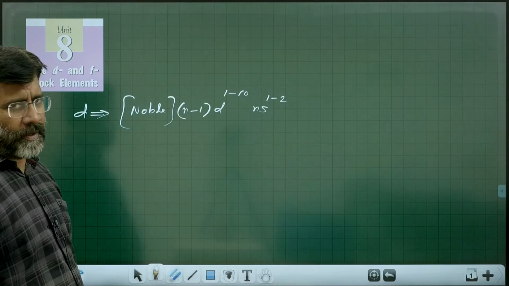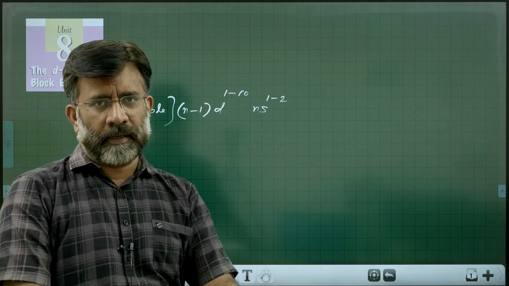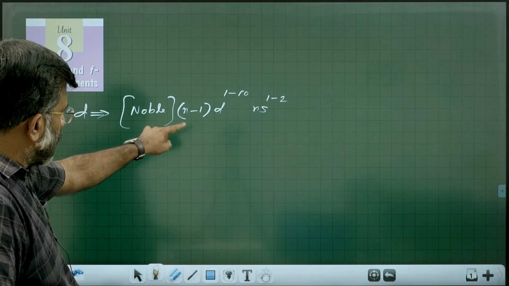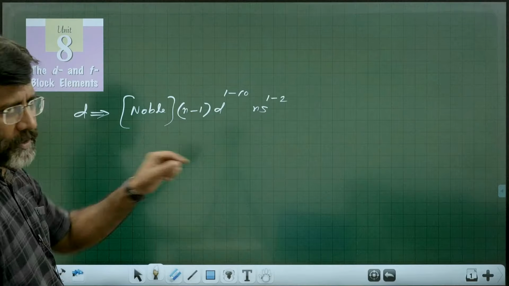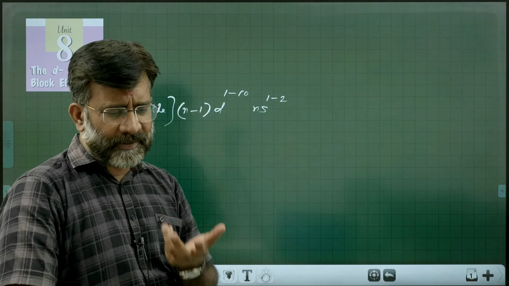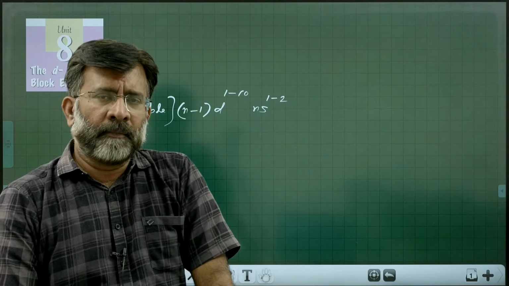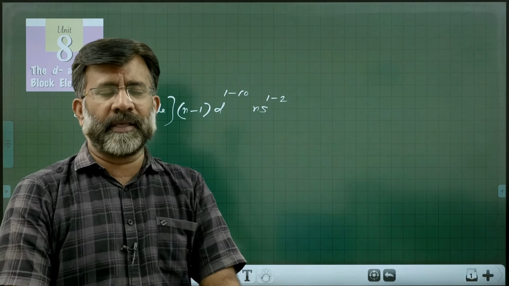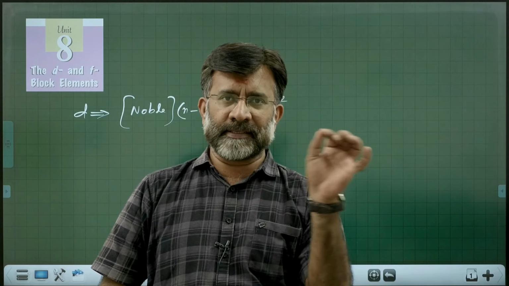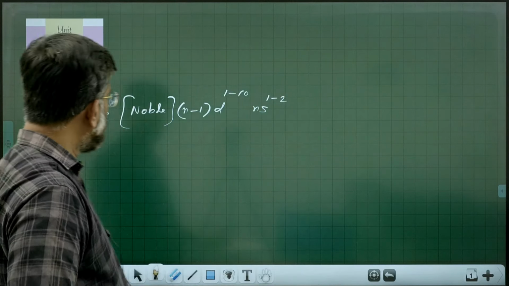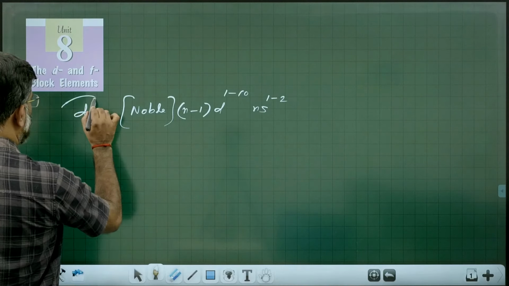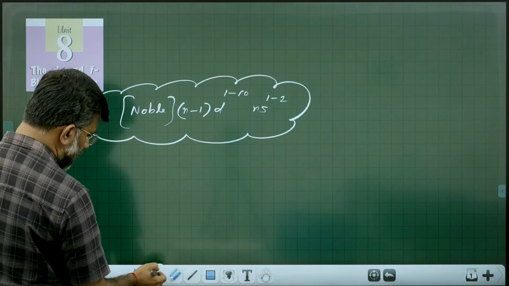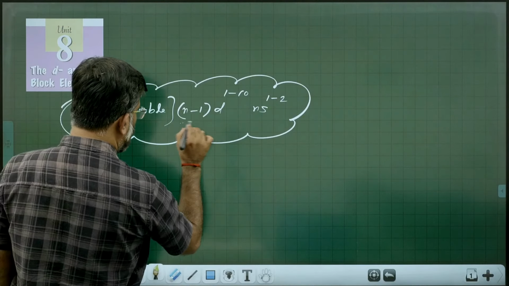It can sometimes be Ns 0 to 2 also, because there is one configuration with Ns 0, palladium. So this is the electronic configuration for D block elements, and electron filling occurs over here.